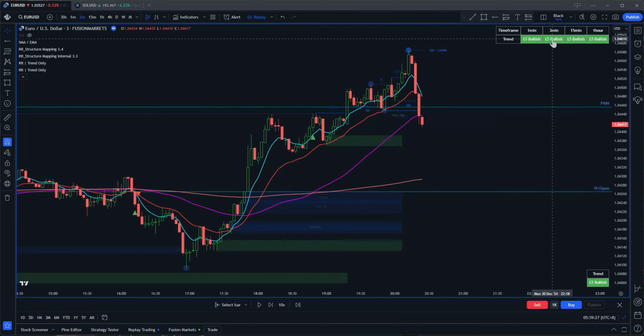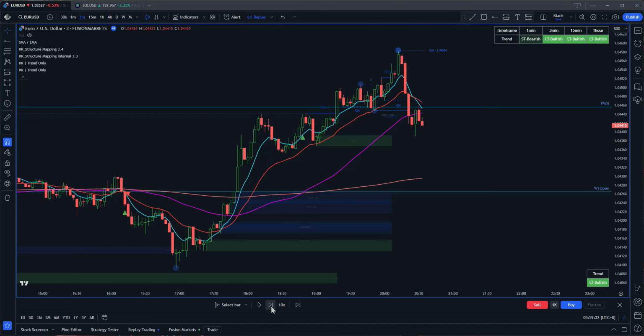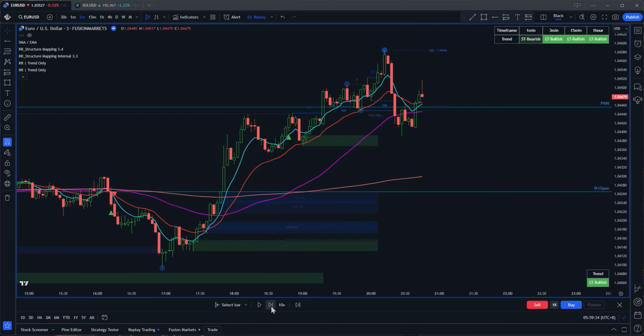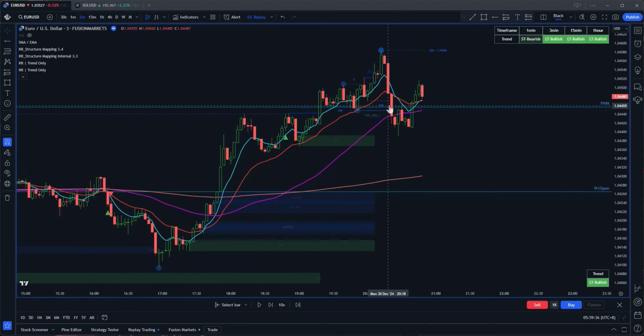But we are still bullish. And now you see that on this pullback, a lot of people go long again, maybe from here or wherever they have the POI. So they go long here.